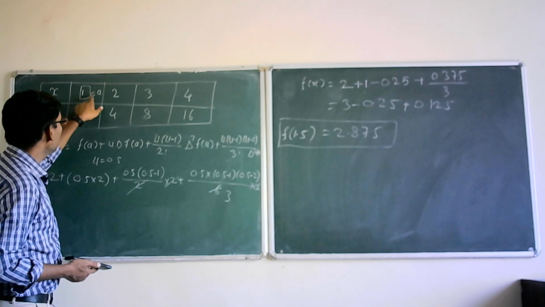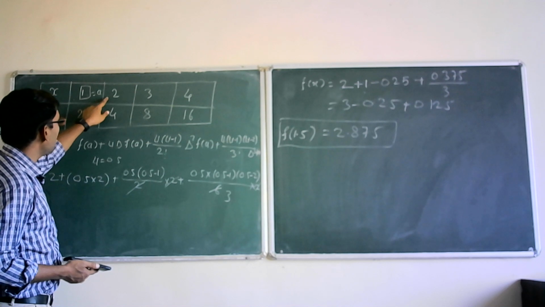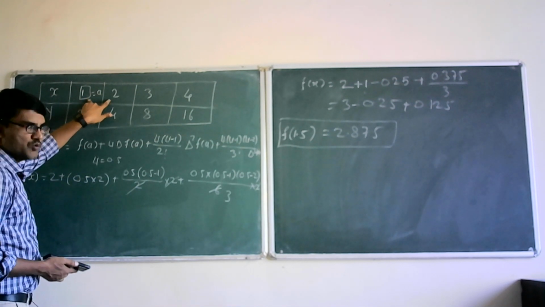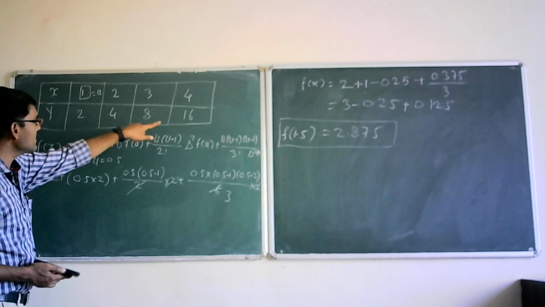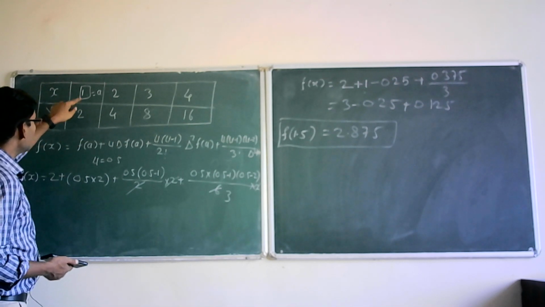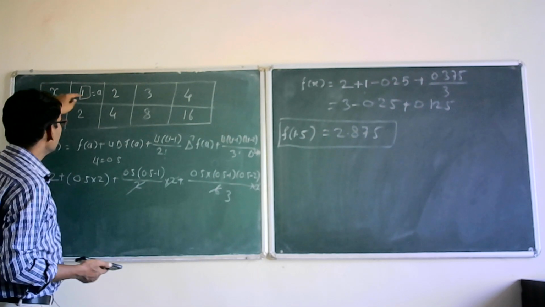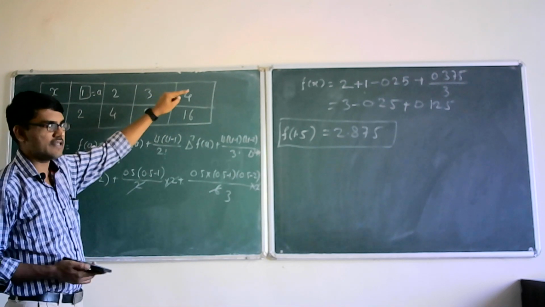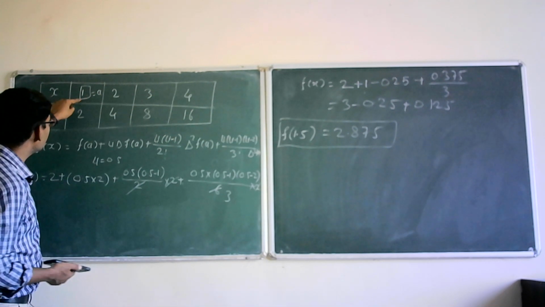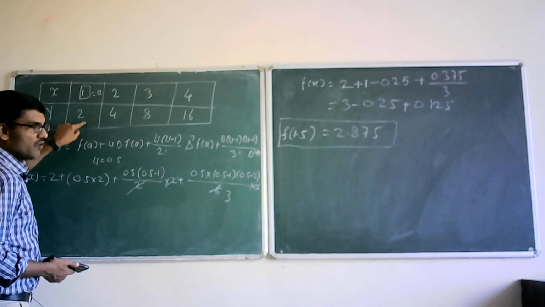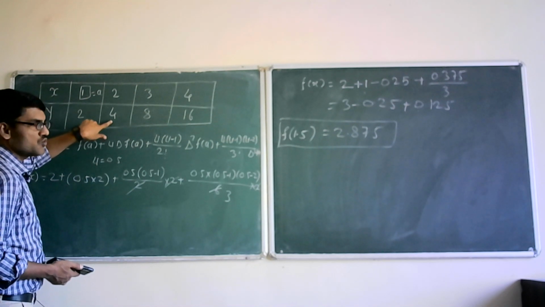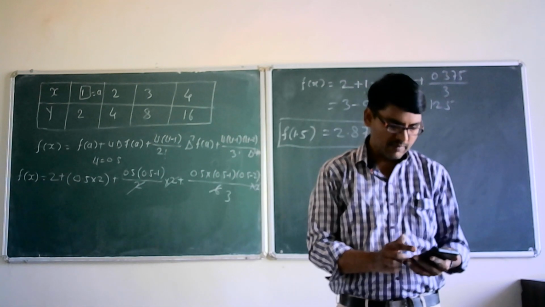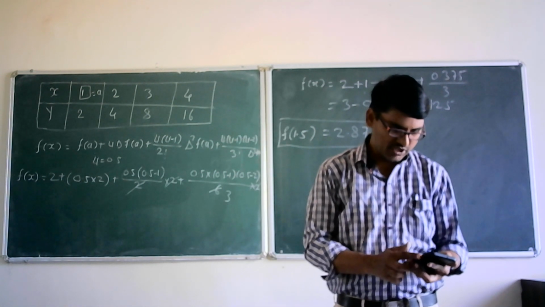Because our x, 1.5, lies between these two values, and these are increasing sequences. If x increases, then y also increases: 1, 2; 2, 4; 3, 8; 4, 16. So if your x is 1.5, your answer should lie between these two numbers, and the answer is 2.875. So this is the answer by using the Newton forward interpolation formula.